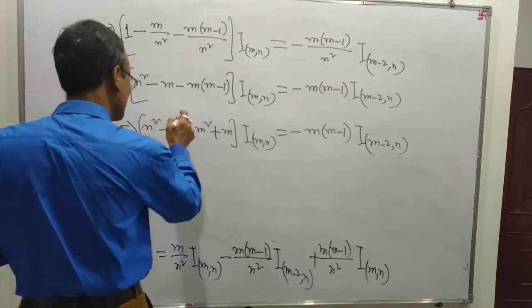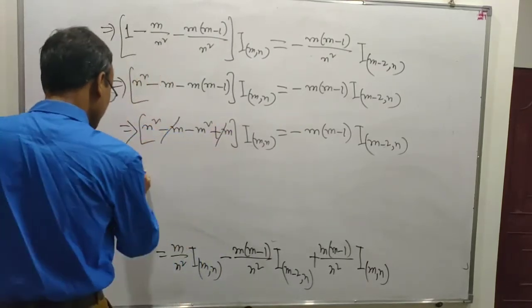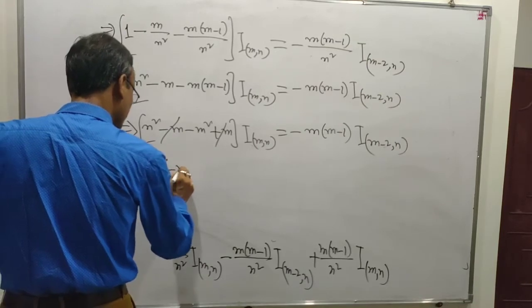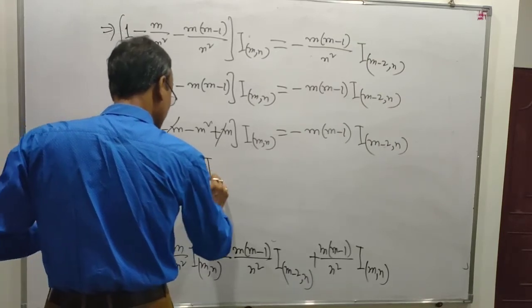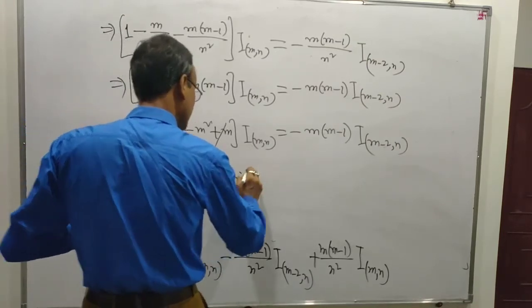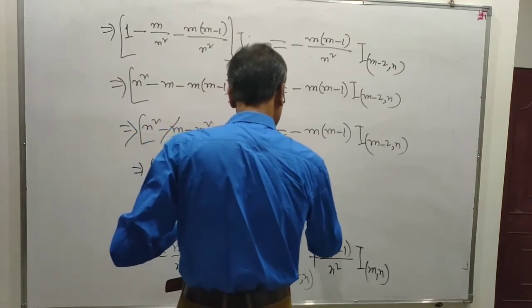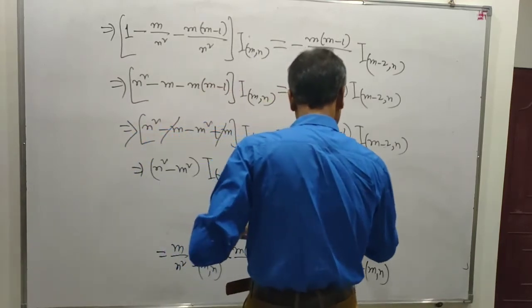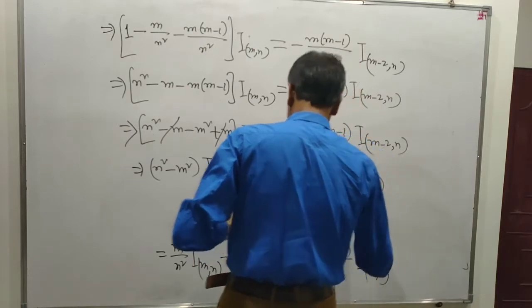This plus m minus m will be cancelled. It will be m square minus n square, I m n, equal to minus m into m minus 1 I m minus 2n.